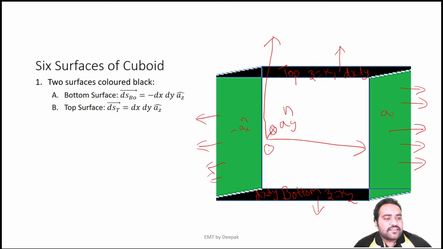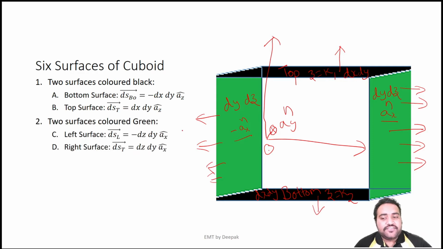Normal to this surface is along ax cap, and for this it is minus ax cap. What about the area? Again, these two surfaces have the same area and magnitude because they are formed by varying y and z. So normal to the right surface is dy dz ax cap, and normal to the left surface is minus dy dz ax cap.